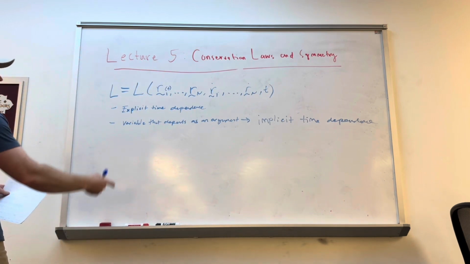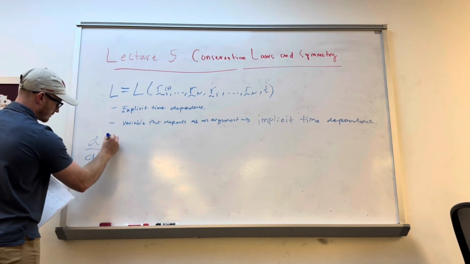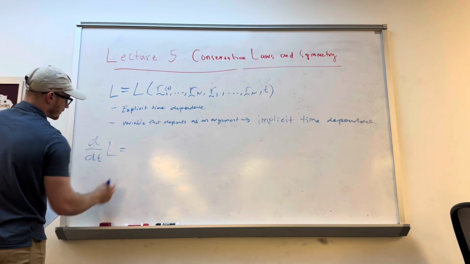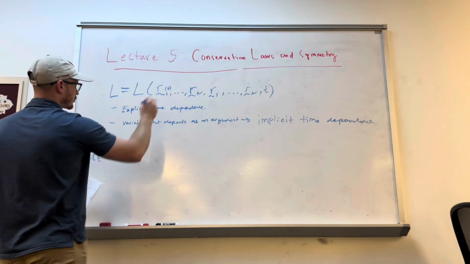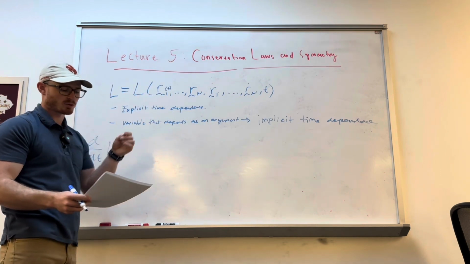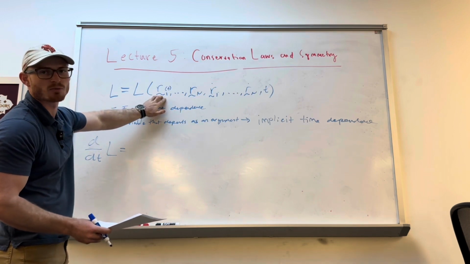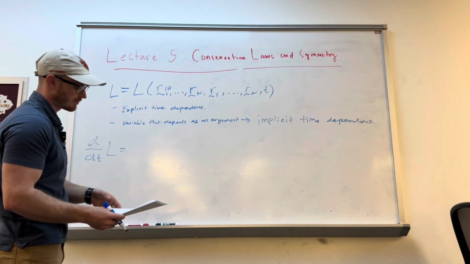So let's try to take the time derivative of L, d dt of L. Well, what does that equal? Well, if we have this general functional form, we need to keep track of all of the variables and all the time dependencies. And because these are functions of time, we're going to have to implement the chain rule.